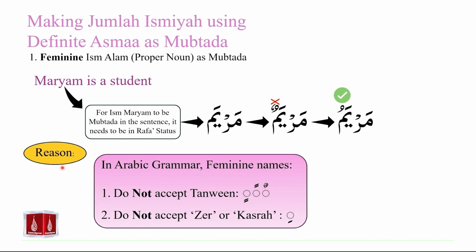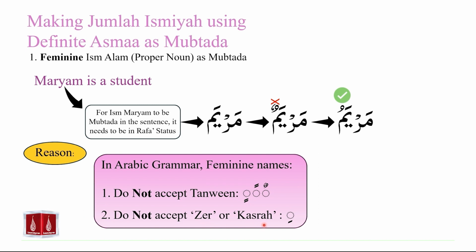The reason is that in Arabic grammar, feminine names, number one, do not accept tanween. That is, for a feminine name, we will not see double pesh, double zabar or double zair on it. And secondly, they do not accept zair or kasra.